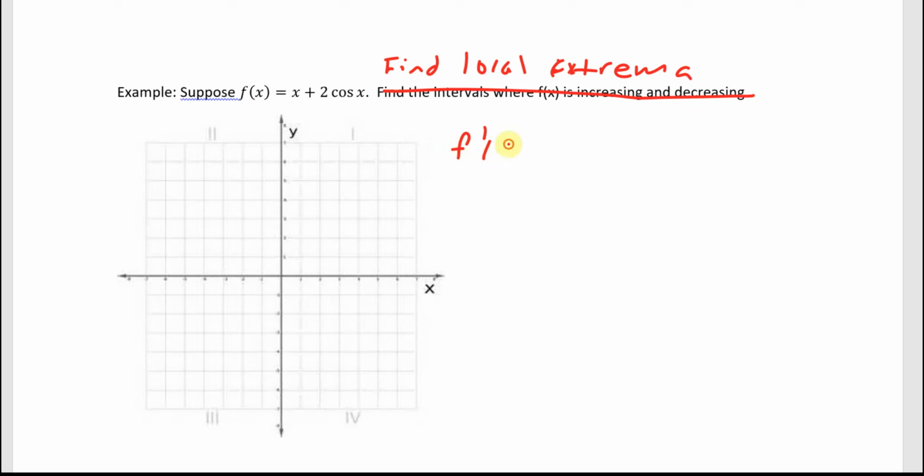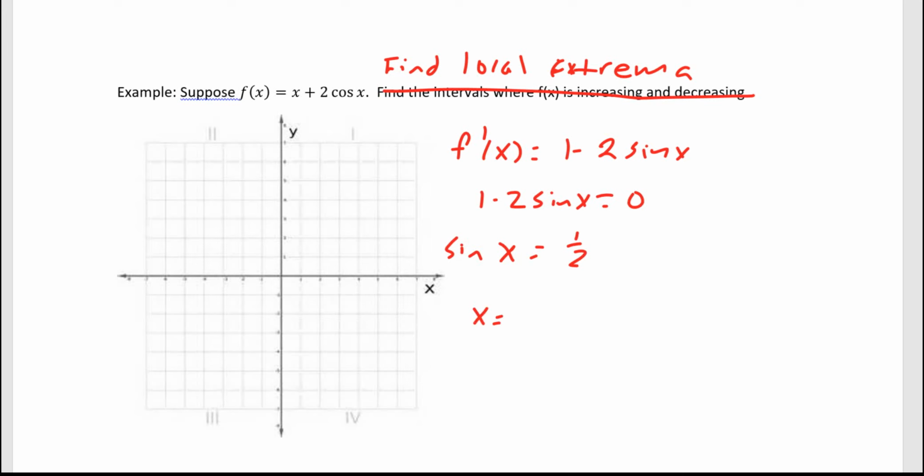So we had that f prime of x was 1 minus 2 sine of x. And where our critical points are, where it's equal to 0. So we get 1 minus 2 sine of x equals 0. So sine of x needed to be 1/2.